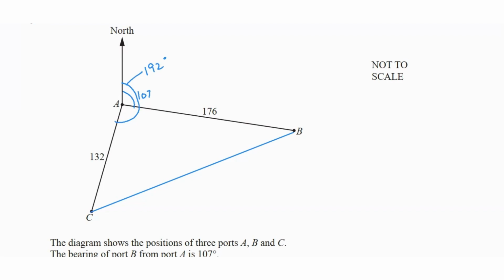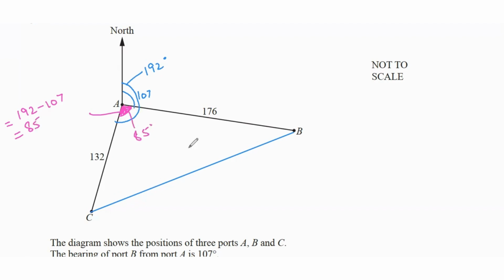So to find the angle over here, we subtract 192 and 107, which gives us the angle of 85.